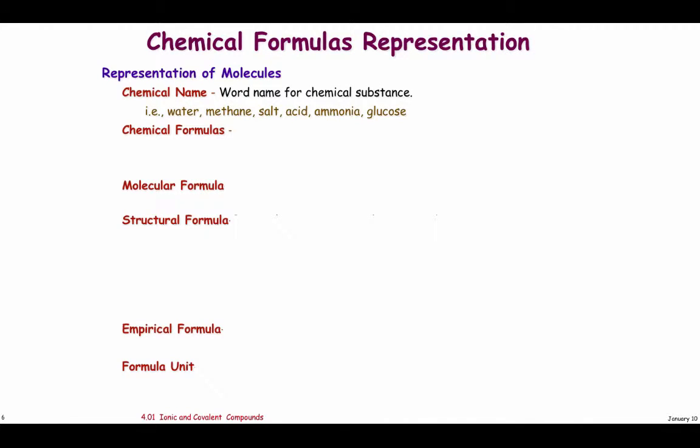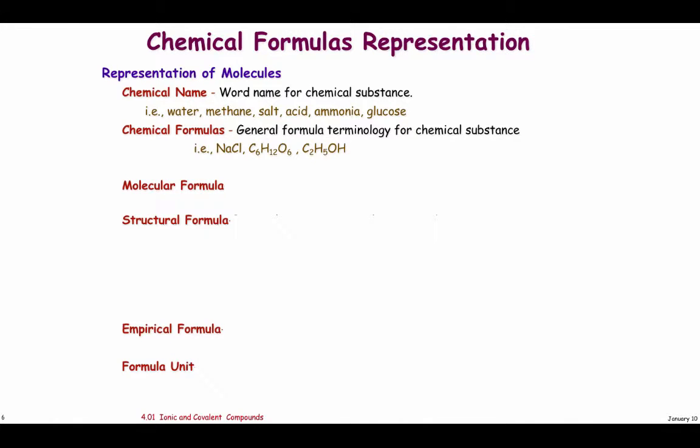These are word names for chemicals like water. Water is H2O, methane is CH4, table salt is NaCl. For acids, you have sulfuric acid, acetic acid, hydrochloric acid, ammonia is NH3, glucose, sugar, blood sugar, is C6H12O6. Okay, those are the names of the chemicals.